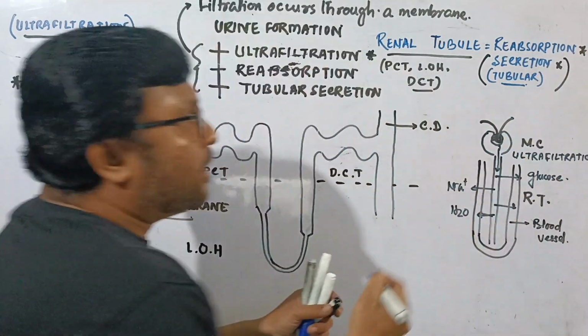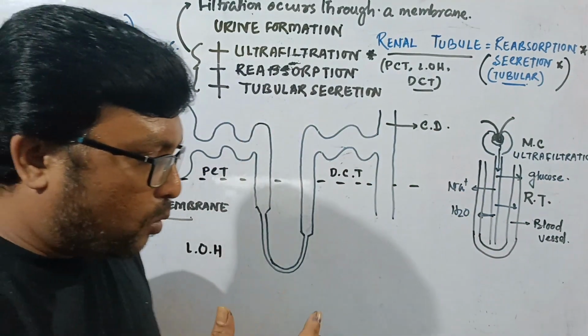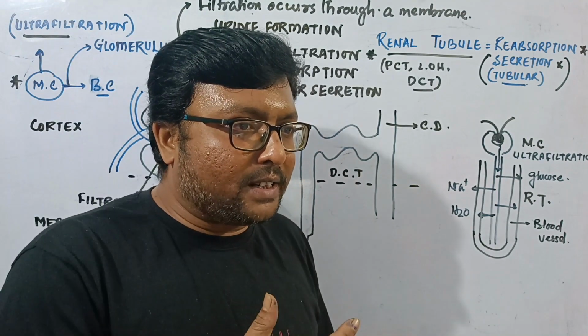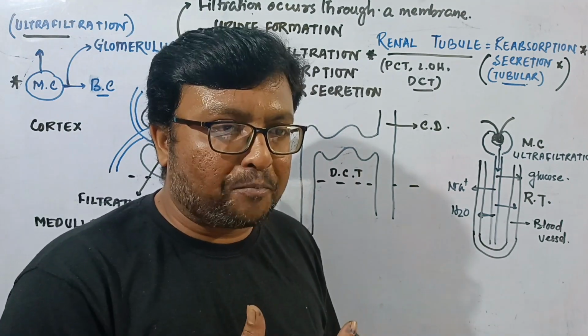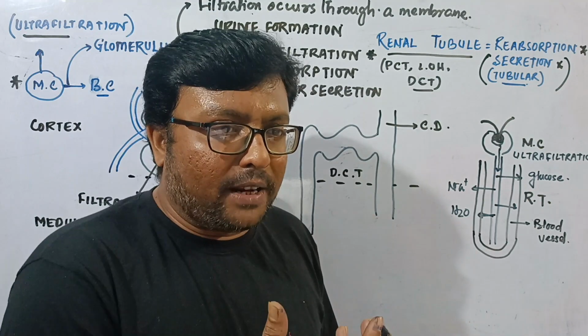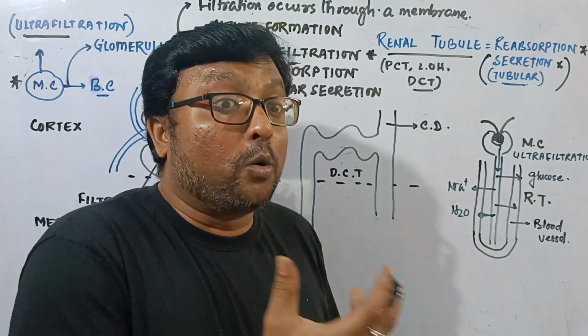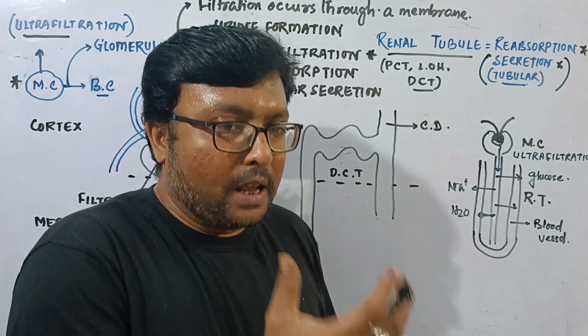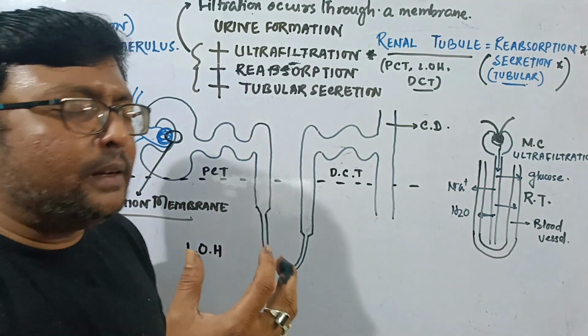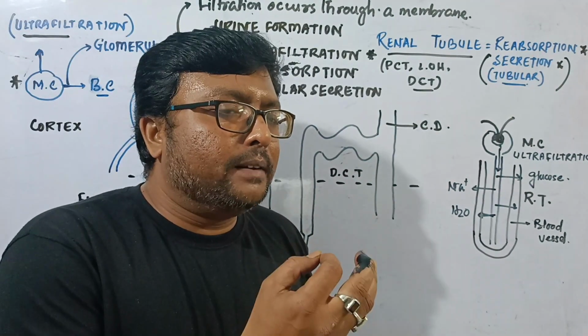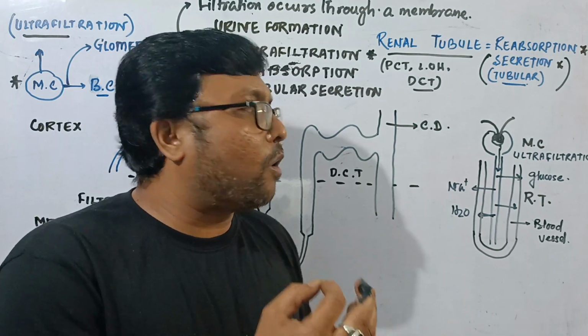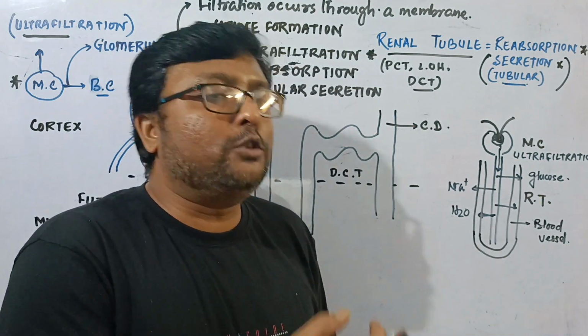What is meant by tubular secretion? দেখো, the word secretion generally it indicates that এখানে কিছু একটা সিক্রেট হচ্ছে। ওকে ফাইন, ফ্রম হোয়ার ইট ইজ সিক্রেটেড অ্যান্ড হোয়ার ইট গোজ, ইউ শুড রিমেম্বার দ্যাট। প্রথমে একটু বলে দিই, একটু সহজ হয়ে যাবে, যে we have seen that reabsorption occurs from the filtrate into the blood.